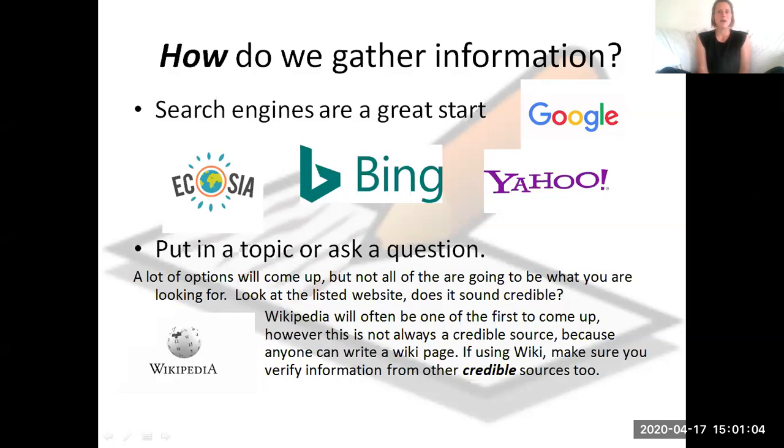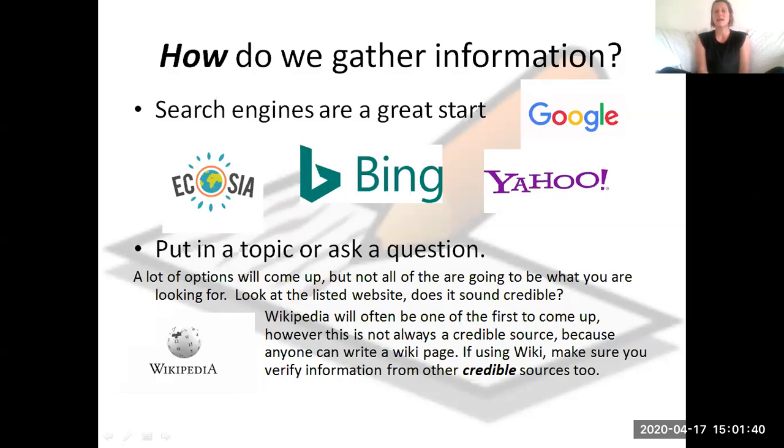And one thing to be aware of is Wikipedia. No matter what you type in, you're probably going to have a Wikipedia option pop up in your top 3 choices in terms of links in Google or one of the other search engines. But one thing to keep in mind is that although sometimes you can find some accurate information in Wikipedia, anyone can write a wiki page, and it's actually hard to reference and find how credible that information is.